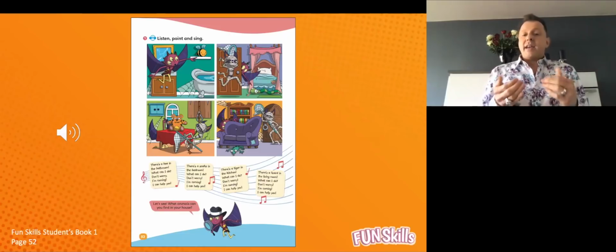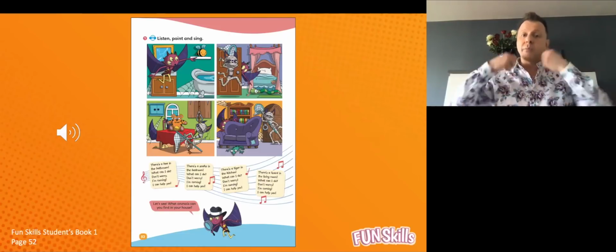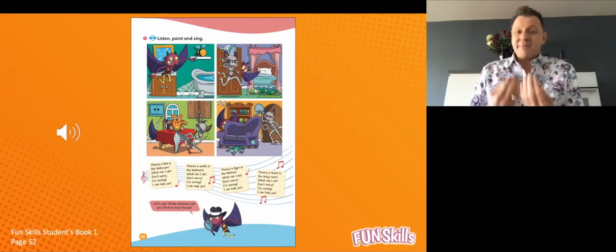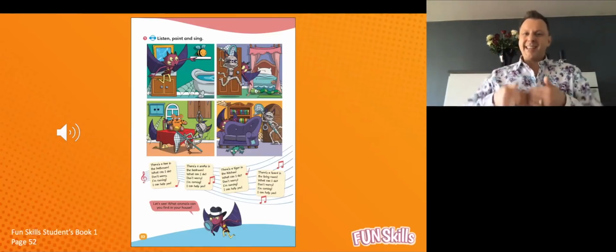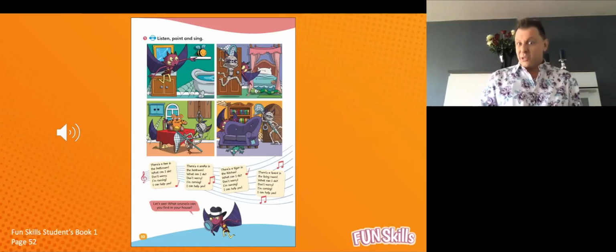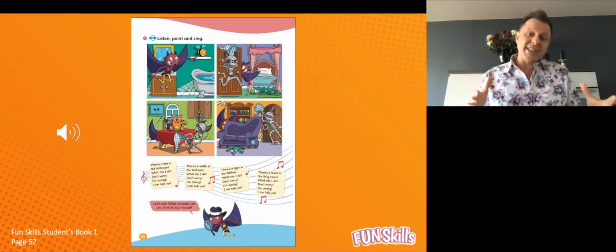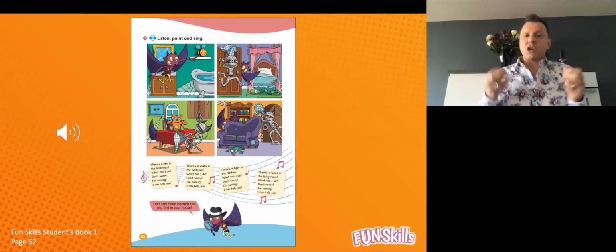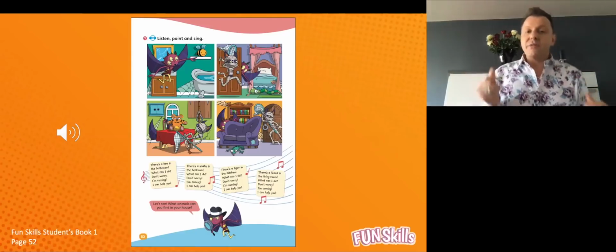And then they can draw these, show them on their webcams, choose 4, and then use the rhythm, that brilliant Romany rhythm, to then demonstrate to each other. They could also rap it as well if they like. A creative extension to this might be other rooms, such as the dining room. There's a crocodile in the dining room.